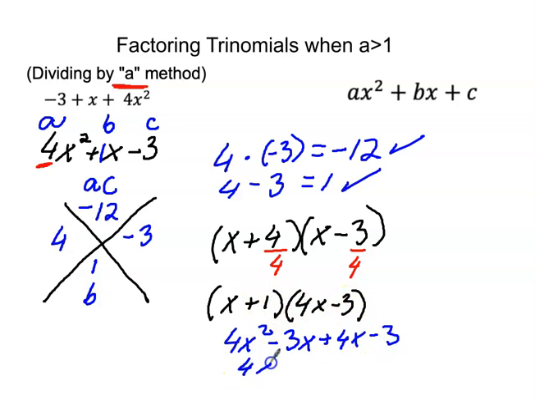Combine like terms, we get 4x squared plus x minus 3. So the correct answer in factored form is x plus 1 and 4x minus 3.